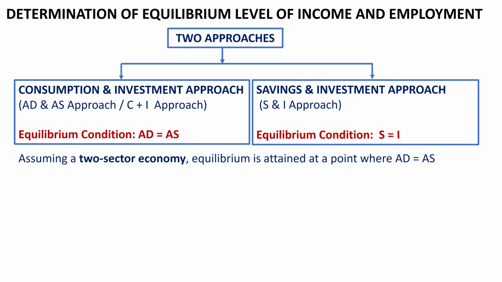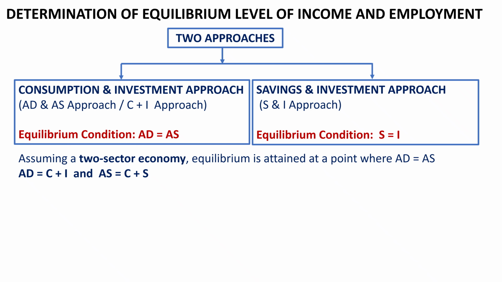Assuming a two-sector economy, that is, an economy in which there is a household sector and a firm's sector only, the equilibrium is attained at a point where aggregate demand is equal to aggregate supply. Now, aggregate demand is the sum of consumption demand and investment demand.